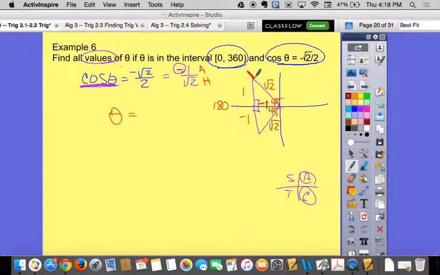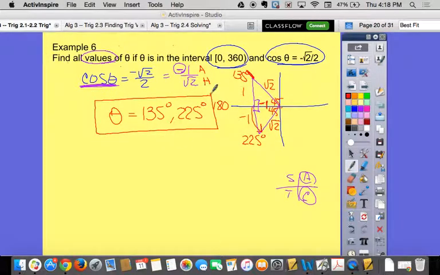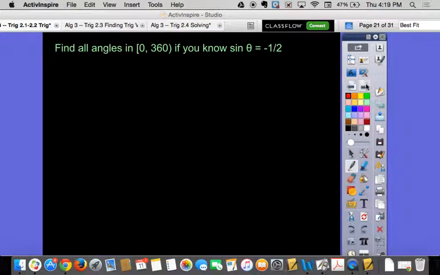So, what is 180 minus 45? That would be 135. So, that's the first one, 135. And then you've got to do 180 and add 45 to it. And that's 225. Those 2 answers are the ones where cosine has that value.